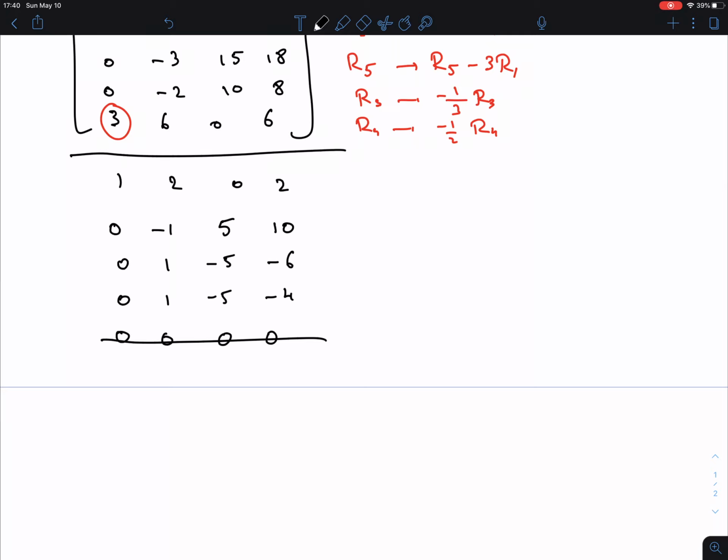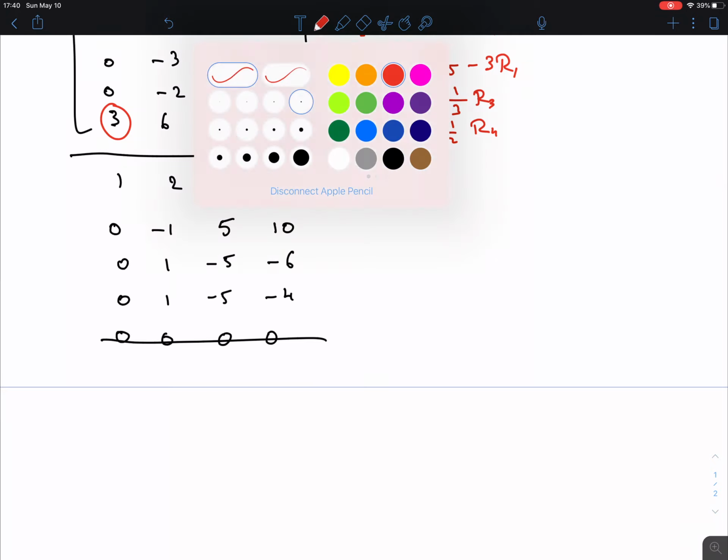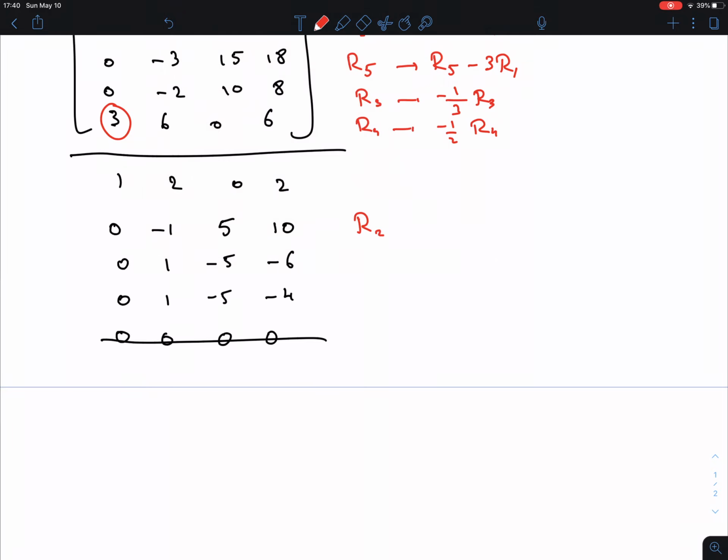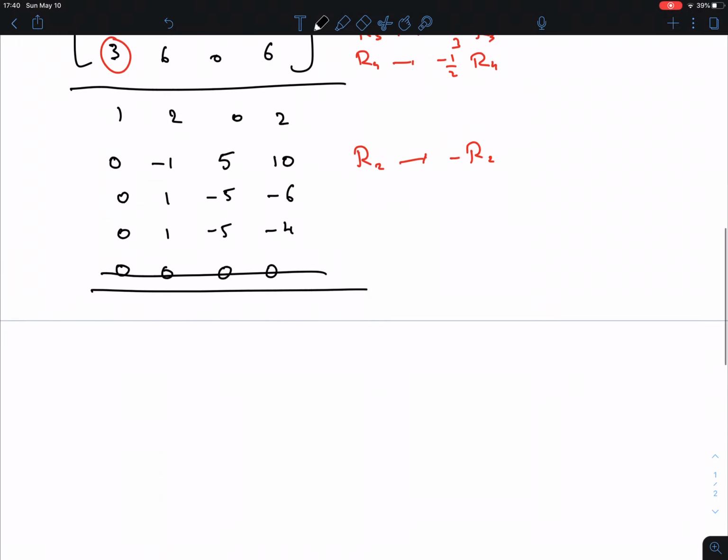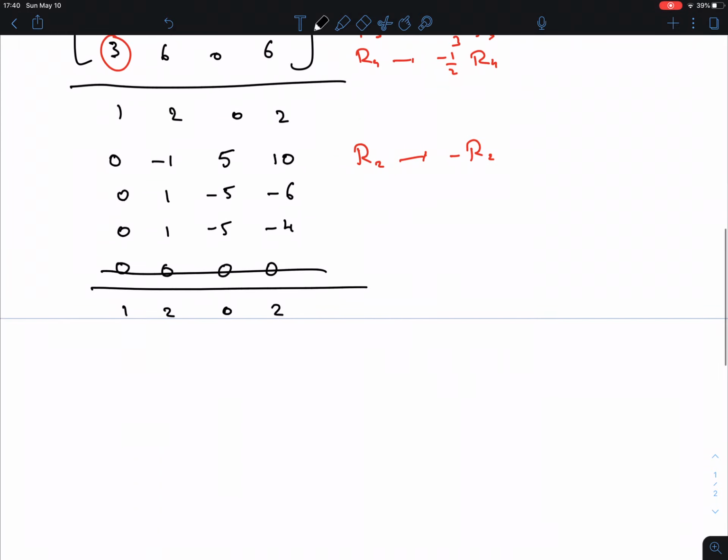Yeah, okay. I have a -1 there. I could swap 2 rows, but I'm just going to do row 2 minus row 2. I'll write it out, so otherwise it sometimes gets a bit confusing if you do it on the spot there. So it's 0, 1, -5, -10, 0, 1, -5, -6, and 0, 1, -5, -4.